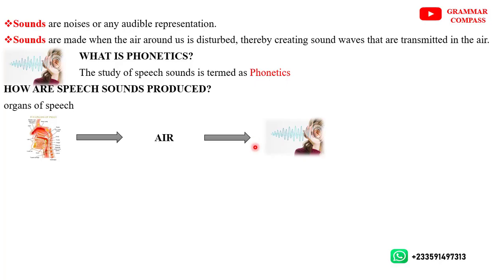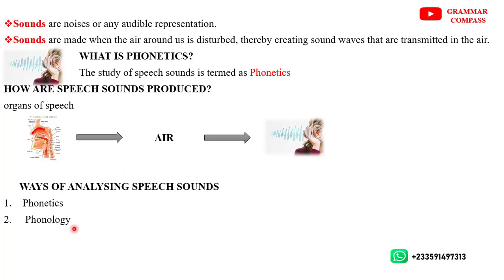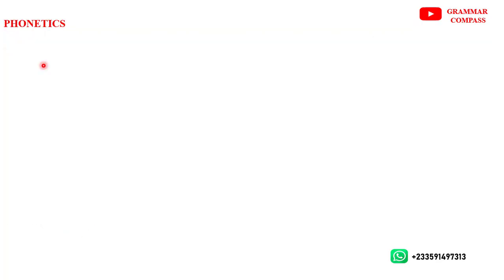There are two major ways of analyzing speech sounds. One is phonetics and two is phonology. You must understand these two important concepts. Let us talk about them in detail. The first one is phonetics. This studies how speech sounds are produced, transmitted, and perceived. These are the three main things considered when phonetics is concerned.